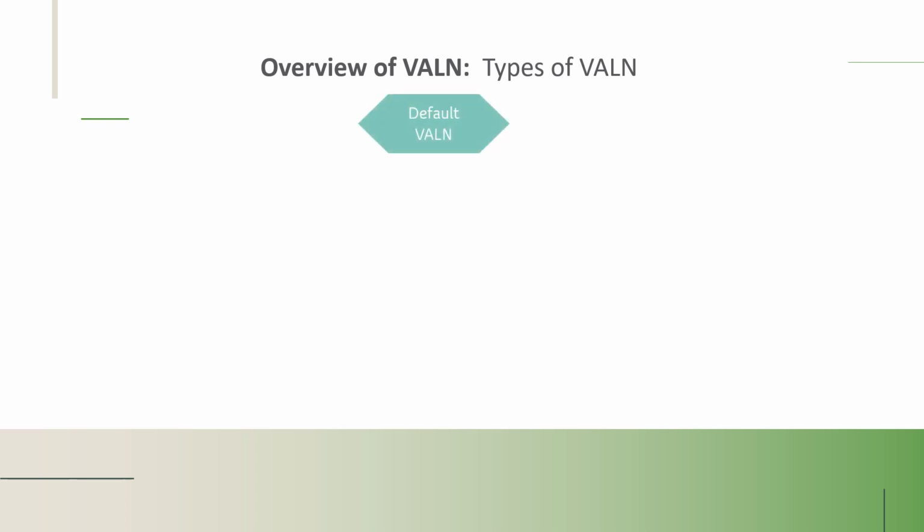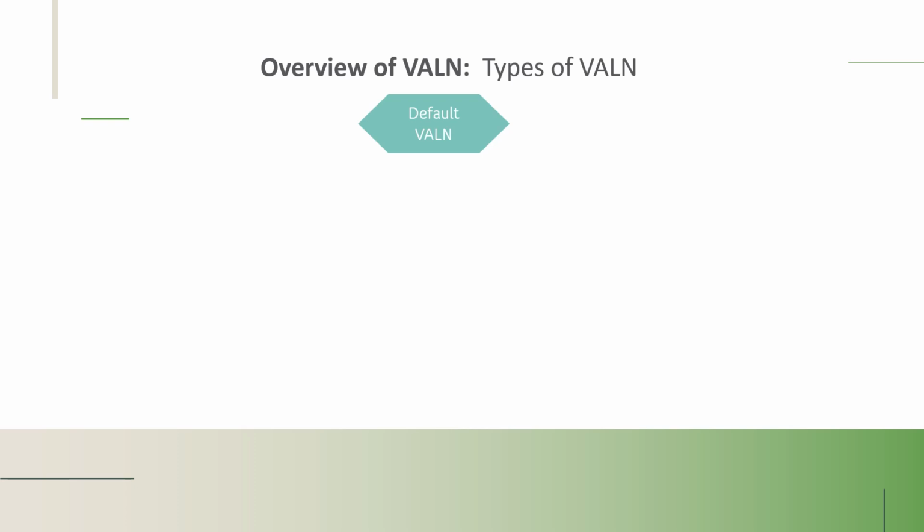We have the default VLAN, where the default VLAN on a Cisco switch is usually VLAN 1. All switch ports are assigned to VLAN 1 unless explicitly configured to be on another VLAN.